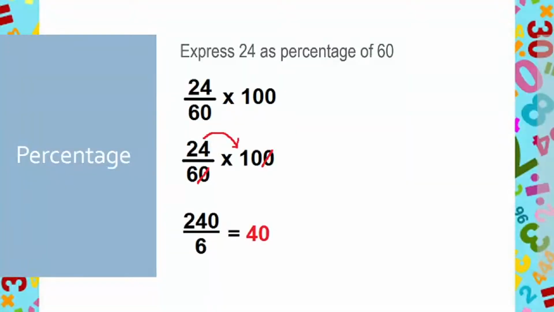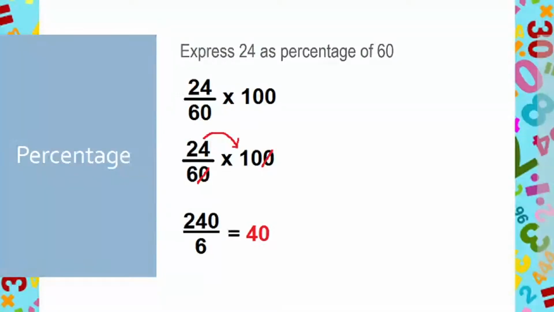The next important concept that we have to focus on is percentages. Express 24 as a percentage of 60 is the first example question that I have taken here. When expressing one quantity as a percentage of another quantity, the number that is given first we have to write in the numerator. Expressing it as a percentage of 60, whatever number's percentage we are expressing, you write that in the numerator and 60 in the denominator.